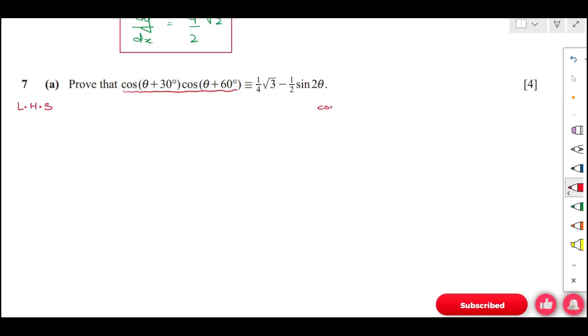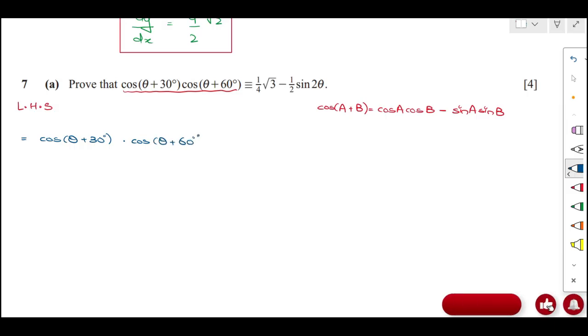So let me use the formula: cos(A plus B) is equal to cos A cos B minus sine A sine B. Okay, so first we have cos(theta plus 30 degrees) into cos(theta plus 60 degrees).